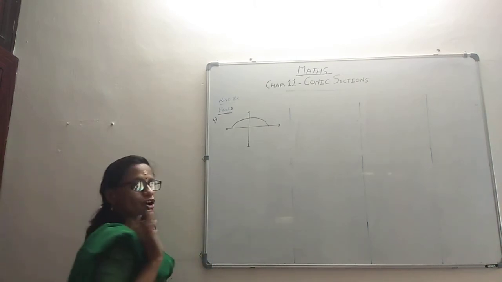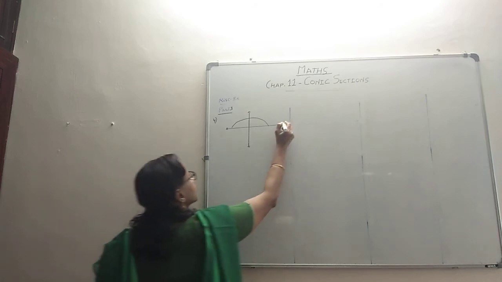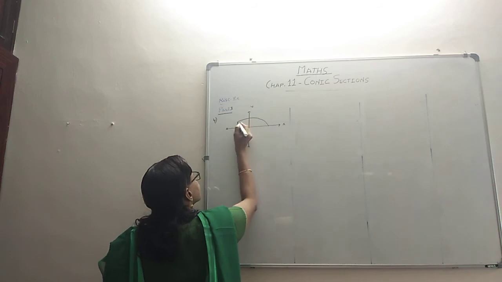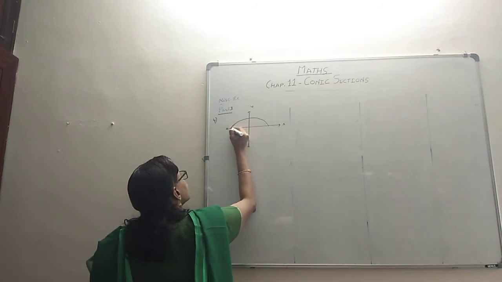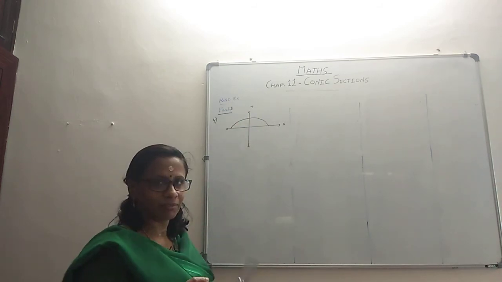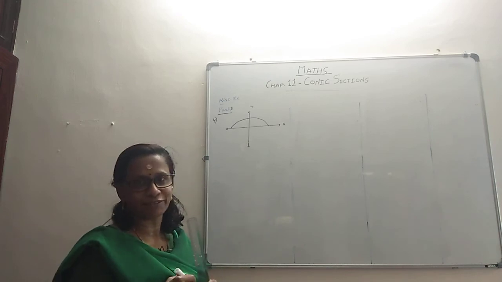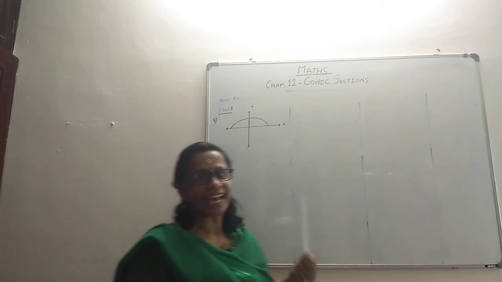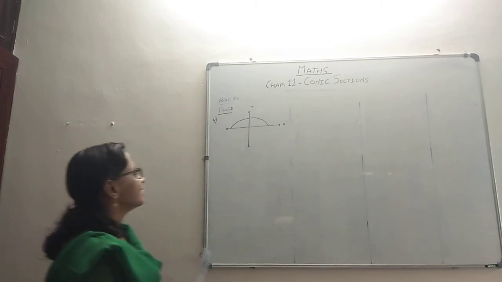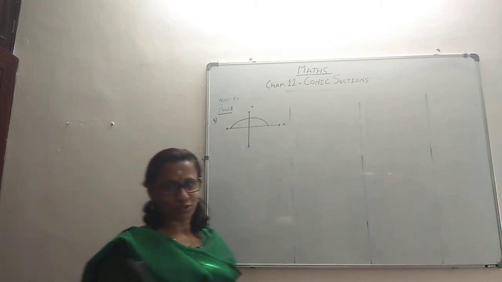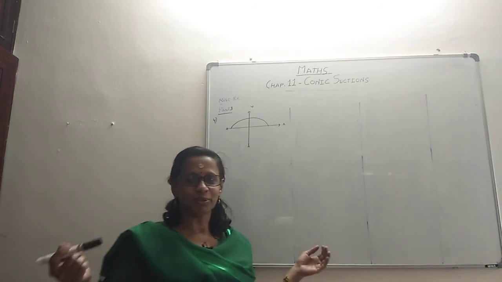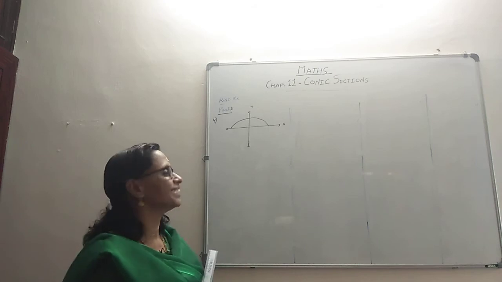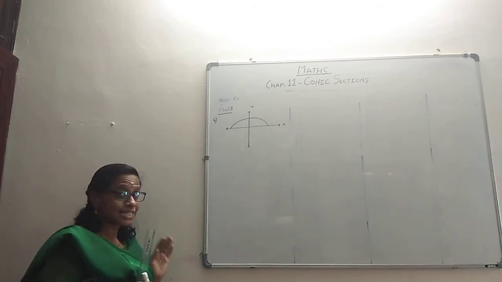Okay, so this is your arch. Though it's not very perfect, it's too good for my level. Considering my kind of drawing, you could give it 9 out of 10. Yeah. Things have to be relative also, right? An artist doing a certain thing and a struggler like me doing, does matter, right? So anyhow, that's a semi-ellipse.